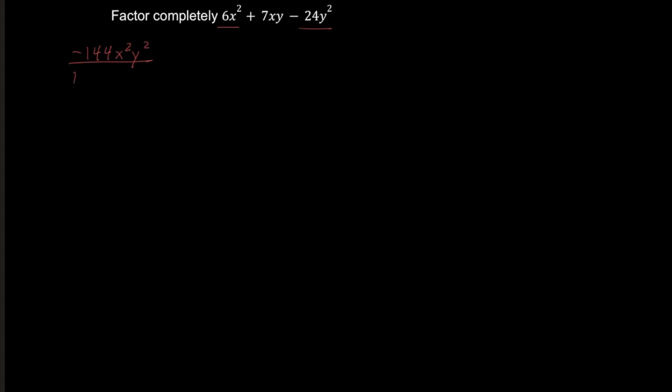If you have trouble, just make a list of factors. 1 and 144, 2 and 72, 3 and 48, 4 and 36. 5 doesn't go into 144. 6 and 24, obviously. 7 doesn't go into 144. 8 does, 8 times 18. 9 goes into 144.